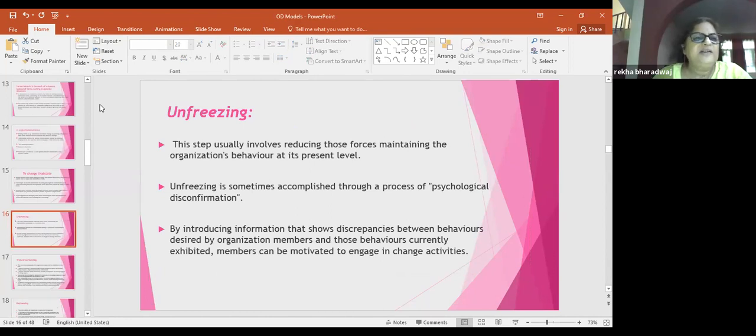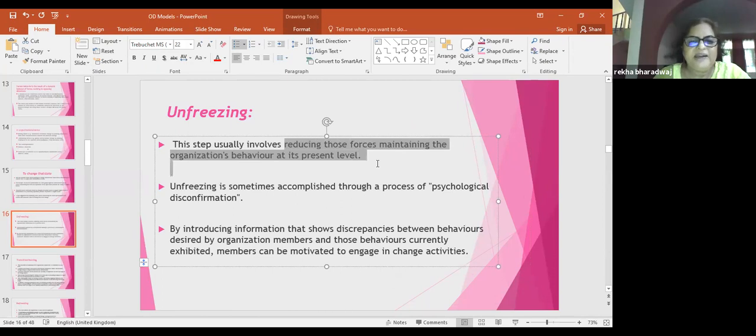Now, unfreezing is the first step. So in unfreezing, what do they do? It involves reducing those forces maintaining the organization's behavior at the present level.